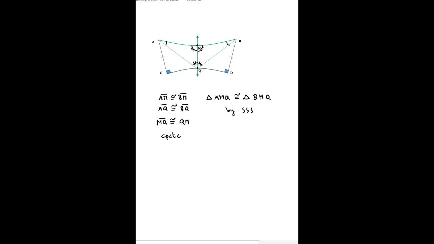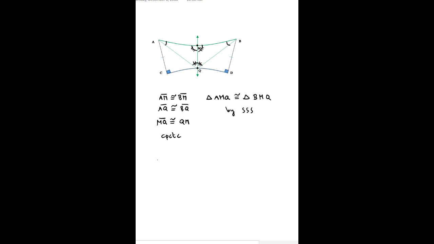Okay, now that we have established that these two angles are congruent, we can prove by the linear pair theorem that they add up to 180 degrees. The linear pair theorem says that when two angles form a linear pair, that is, they share the same line and are divided by a transversal, they create a pair of supplementary angles, and therefore they measure 180 degrees.